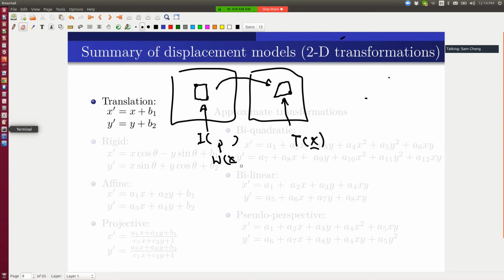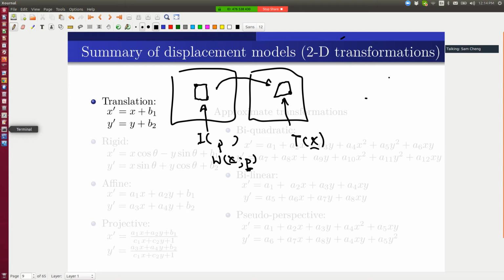So what I want to do is have a model of warping functions. It's not just one warping function, it's actually many warping functions, but they can be parameterized by some parameters. Let's call the parameter P. So the warping function is parameterized by some parameter P. In general, P can be more than one parameter; it can be a vector.